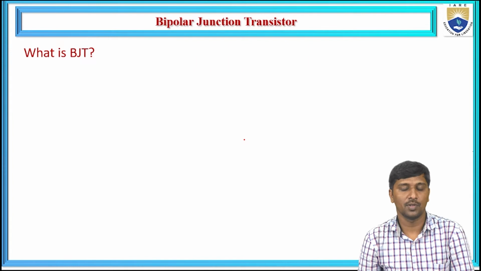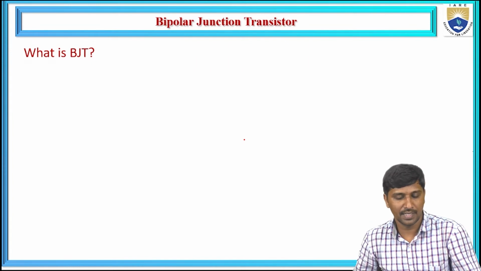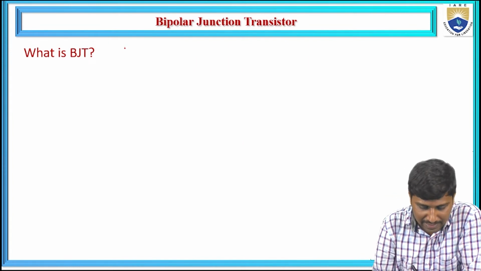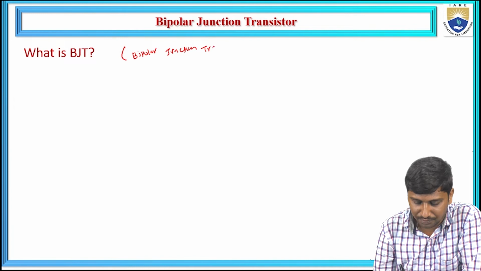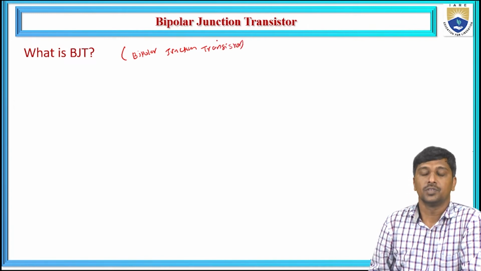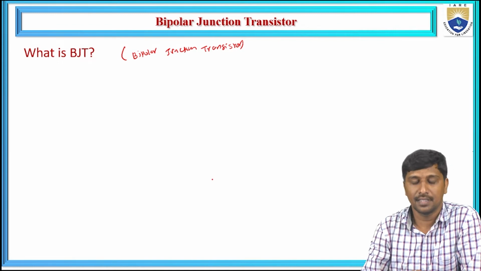Now we'll see what a BJT is, where the BJT abbreviation is Bipolar Junction Transistor. Here the bipolar junction transistor is two PN diodes connected back to back. Then it forms a three-layer structure.